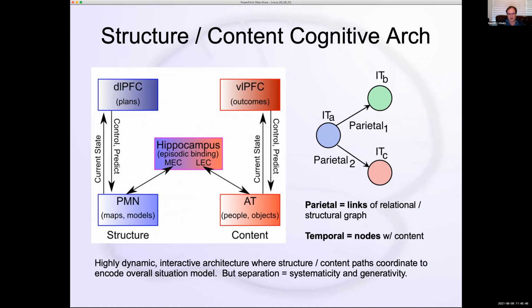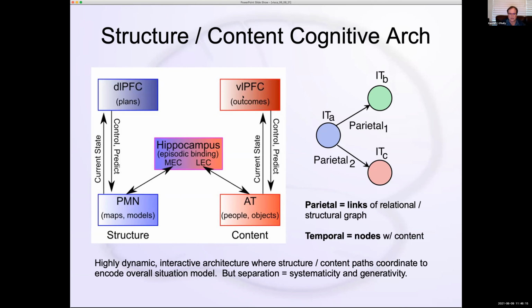And so this is a different view of a cognitive architecture that comes out of this overall framework, where you have a separate representation of structure in the parietal networks. And one way to think about structure also is just like a 2D map. We'll get into that in a second. And then you have, again, this other pathway of content. These are really what are supporting this chunk-like, slot-like representations.